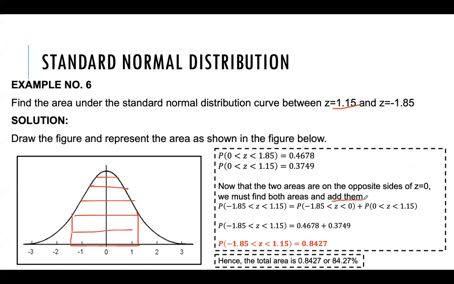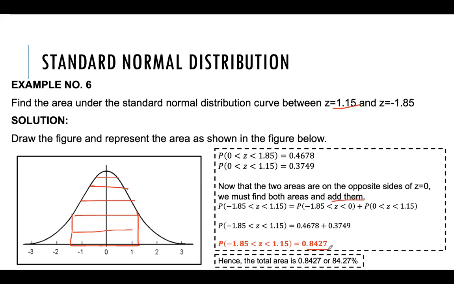we must find both areas and we have to add them. Kasi dalawang area yung sakop, no? The right and the left in the Gaussian curve. So this is the mathematical expression, the probability of the area between the z value of negative 1.85 and z value of 1.15. So, pag plus natin, 0.4678 plus 0.3749 is equal to 0.8427.